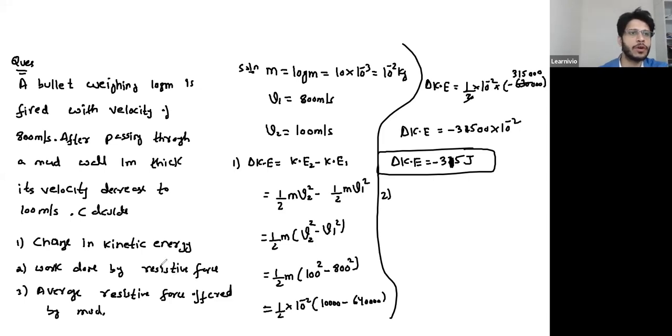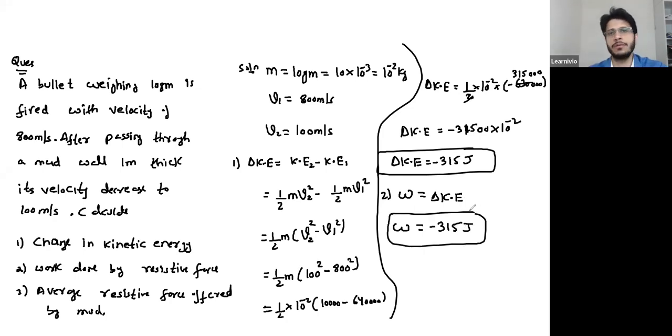So how do you calculate work done? Your work done is change in kinetic energy. So you can write that your work done is minus of 315. This is the work done.